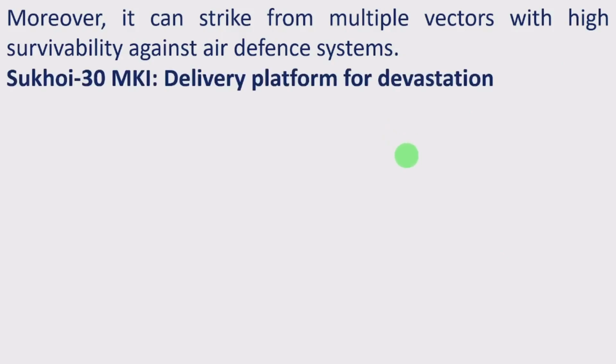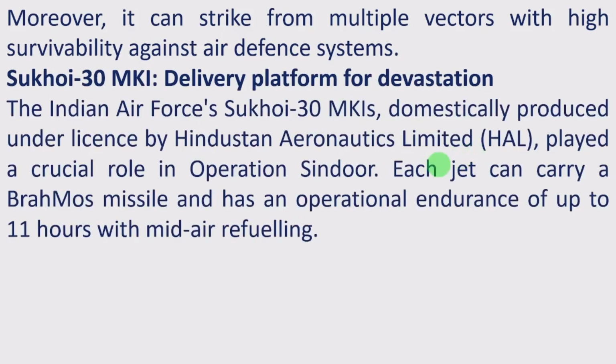The Sukhoi 30 MKI, also called the Su-30 MKI, is a delivery platform for devastation. How was it used? The Indian Air Force Sukhoi 30 MKIs, domestically produced under license by Hindustan Aeronautics Limited, HAL, played a crucial role in Operation Sindoor. Each jet can carry a BrahMos missile and has an operational endurance of up to 11 hours with mid-air refueling.